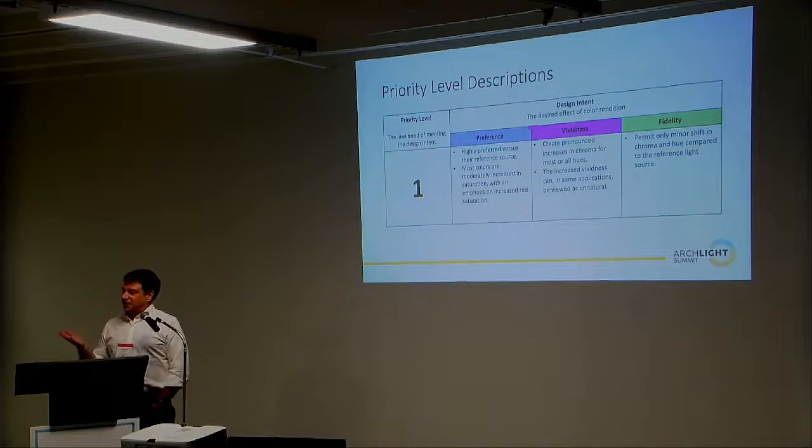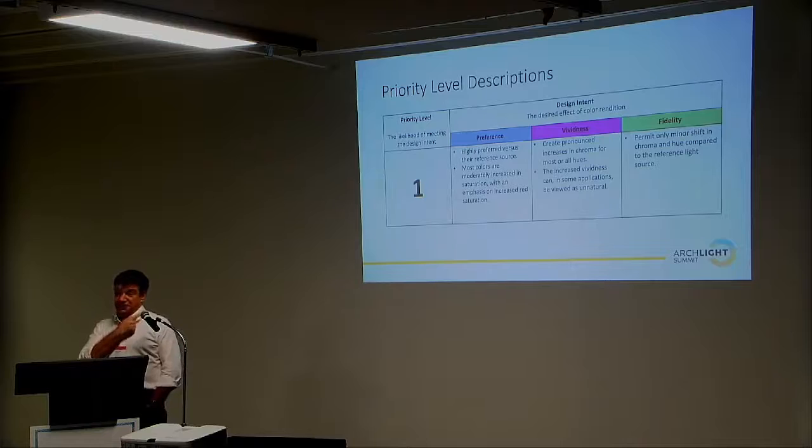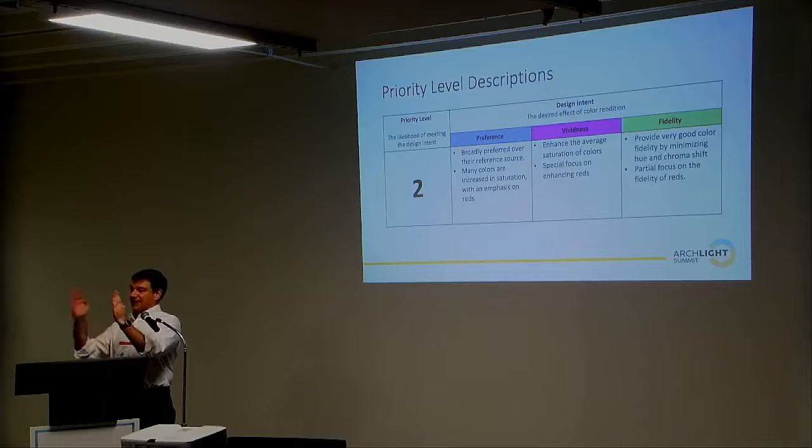There's another interesting thing that happened in the data. I'm not going to read all of this stuff to you. You can read it for yourselves. There were places where it seemed like there was kind of a natural break. And so as we're looking at this, it began to seem as though not only are we able to present three design intents, right? Preference, vividness, and fidelity.